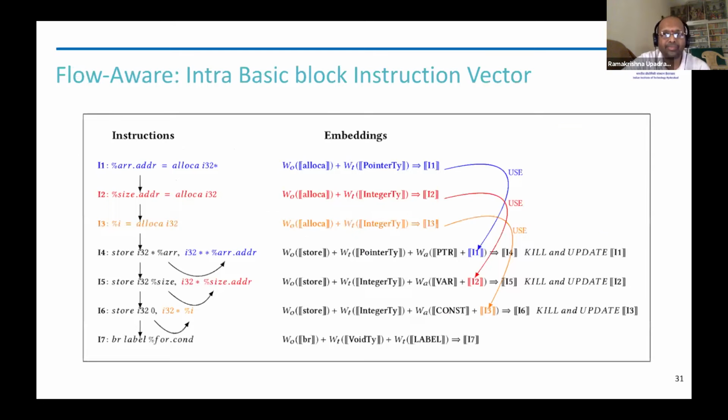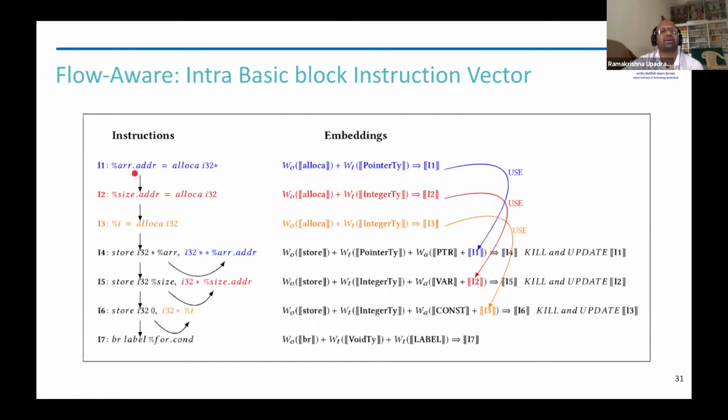And this leads to something called flow-aware encodings. There are two sections to flow-aware encodings: whether they are intra-basic block flow, or inter-basic block flow. As you can see, a bunch of instructions, single entry, single exit, are called a basic block. They constitute a basic block.